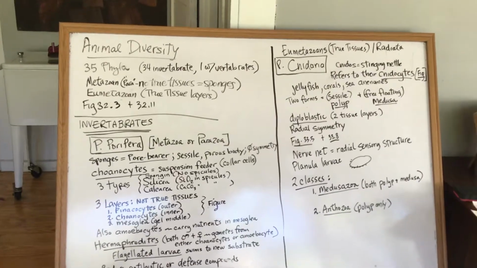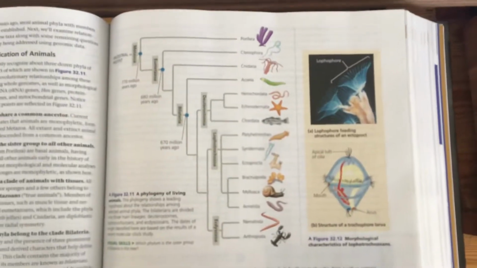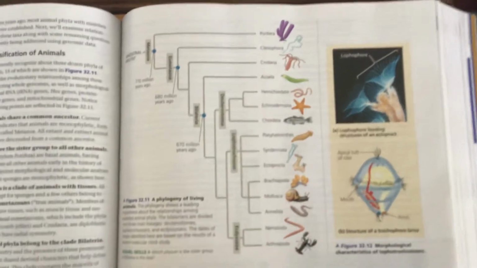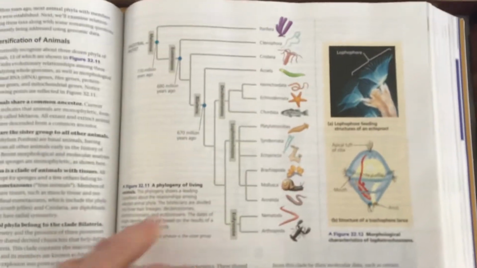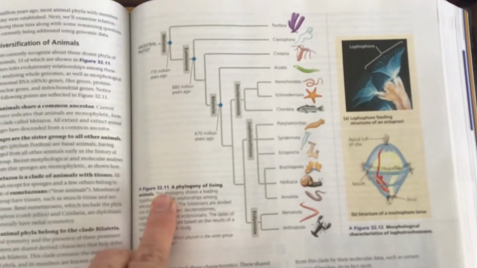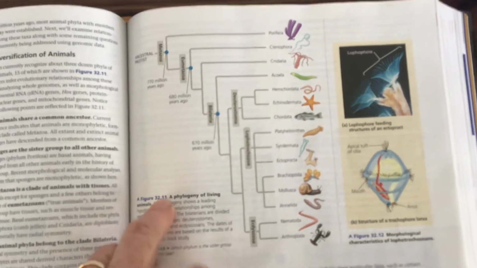talked about previously. So let's just look at this. This is a diagram that's in your textbook, and it is talking about the animal groups, and hopefully it's in better focus than on my screen here. If not, check out figure 32.11.